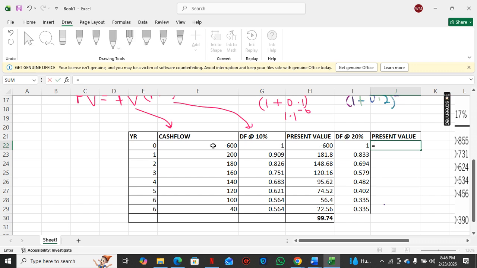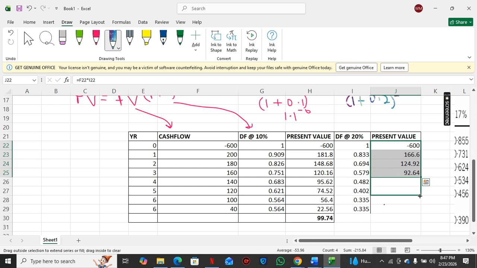Year 0 is always going to stay the same, negative 600 times 1, negative 600. Year 1, 200 multiplied by 0.833, 180 multiplied by 0.694, 160 multiplied by 0.579, and the process continues.